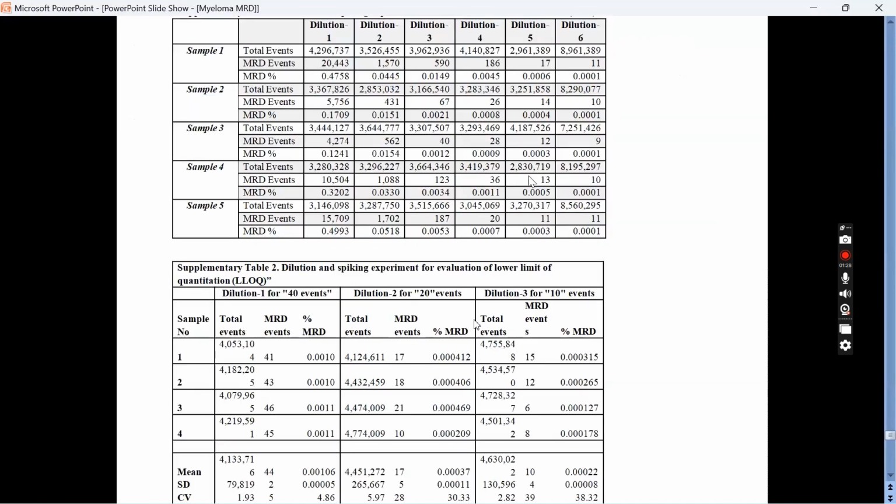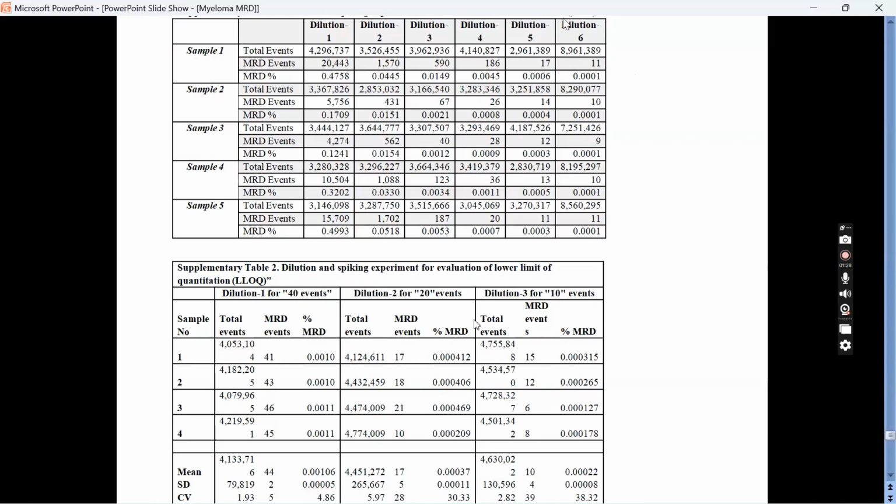Here they are able to show that they can detect those 10 events, and can even go up to 11 events, touching a sensitivity of 0.0001%. It is not enough to show it with one sample; you need to show it with 5 different samples. Remember, this is tough, so you need to do the dilution and spiking experiment for 5 different samples, and you should show that you can touch that LOD.